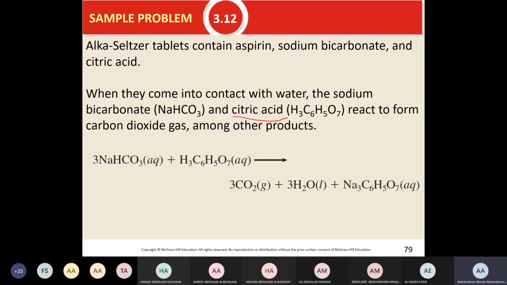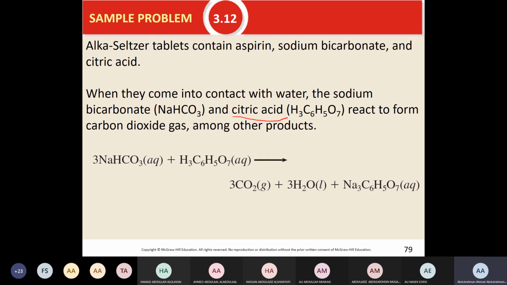To give you how many moles CO2? 3 mole CO2 and 3 mole H2O and 1 mole sodium citrate. Sodium citrate. Good. All right.